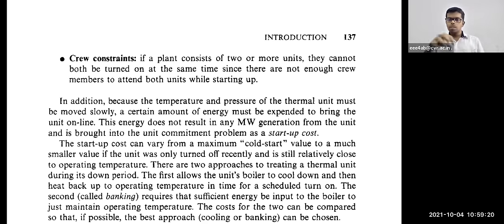So the crew might be separated, but to start that particular generating unit, say for example, one stage, a minimum of 100 or 150 people is required to start one generating unit.